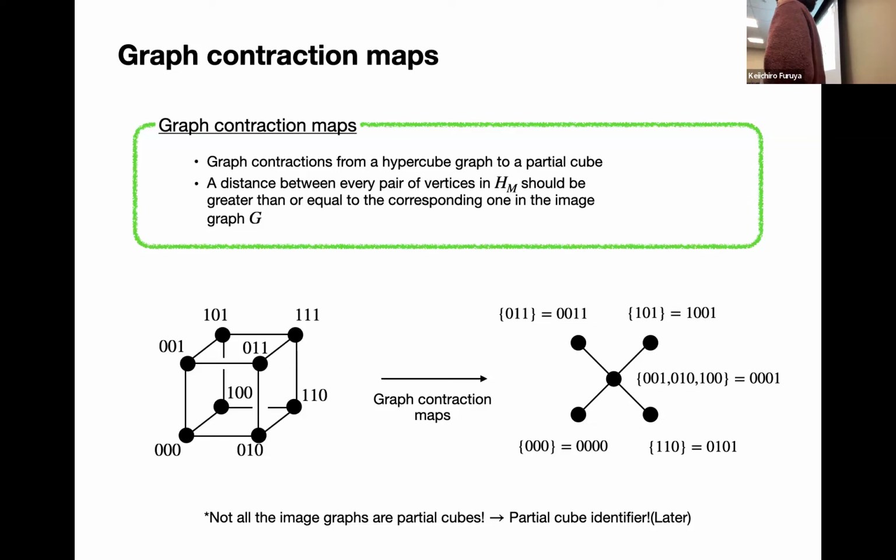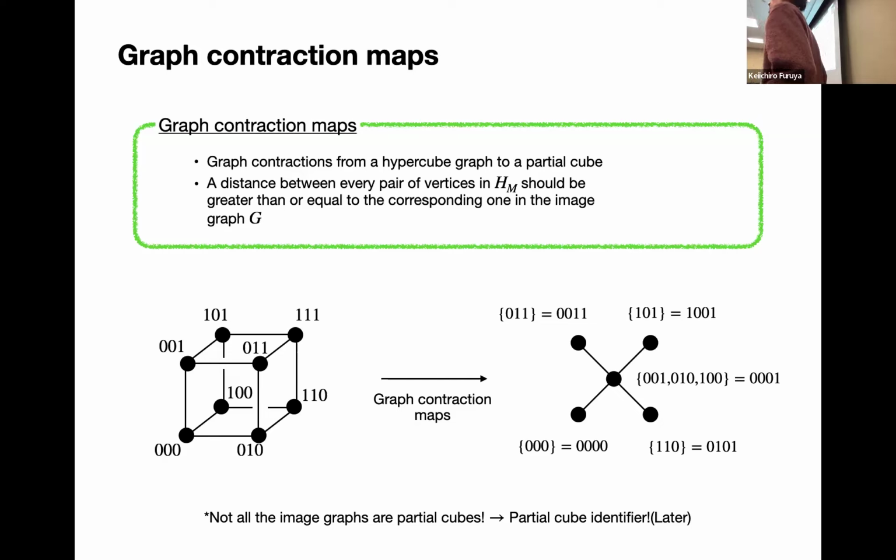If I understand, on the left-hand side of the inequality, given this capital M parameter, you can build this hypercube. And then you can contract it in many different ways and you get the partial cube.